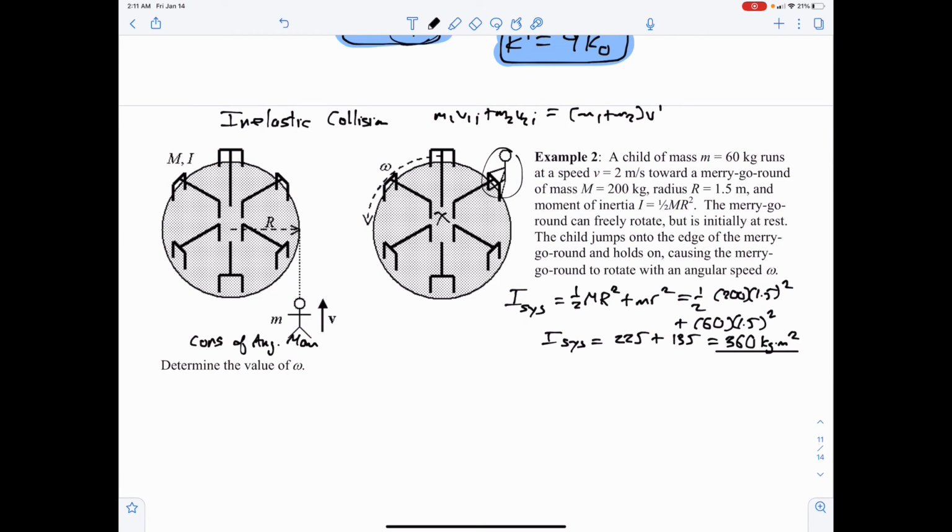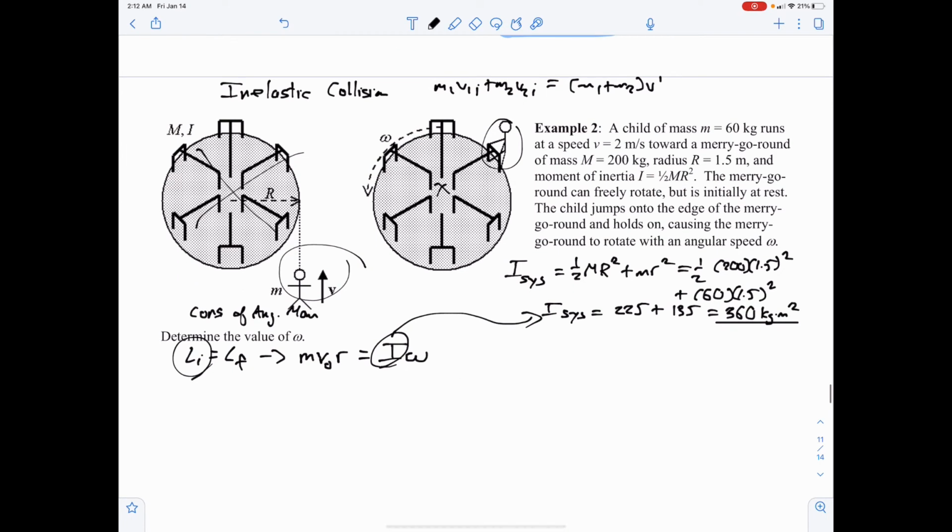Okay, so conservation of angular momentum, L initial equals L final. Initially, not moving, only the child is. So we have m v naught r, that's the initial angular momentum of the child, equals I omega, but I is the I of the system because it's the child merry-go-round system that's rotating afterwards. And you're going to solve for omega.